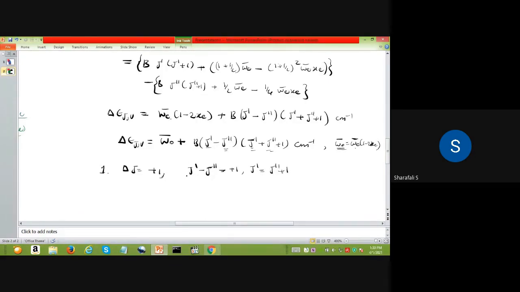That is ΔJ, J' − J'', equal to plus 1. Then what will happen to your Δε(J,V)? That will be equal to ω_0 bar plus (J' − J''), this is 1, again you have J' + J'' + 1.